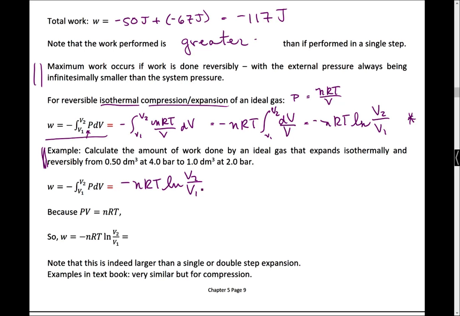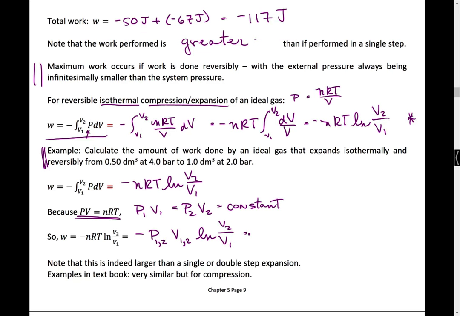That's the same as the pressure times the volume anywhere on the isotherm, right? So P1 V1 equals P2 V2 equals a constant. All right, so for our example, we can say minus P1 or 2 V1 or 2, you just need to make sure that they match, times the natural log of V2 over V1.